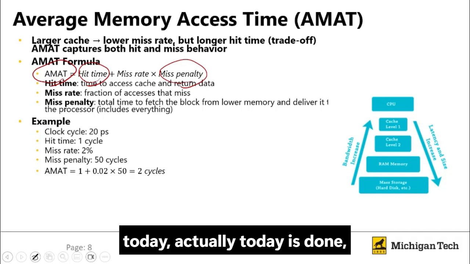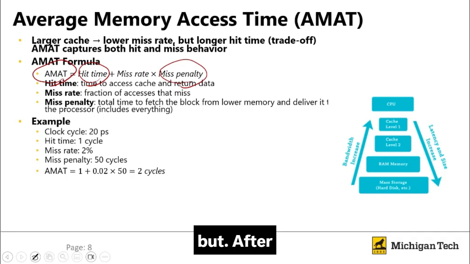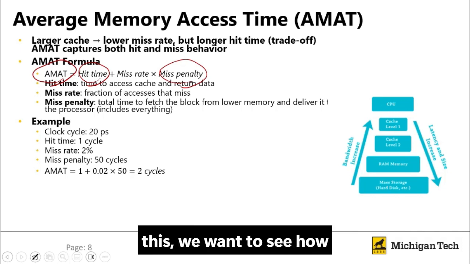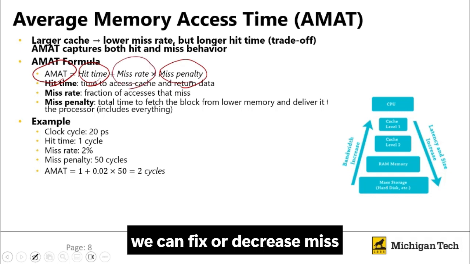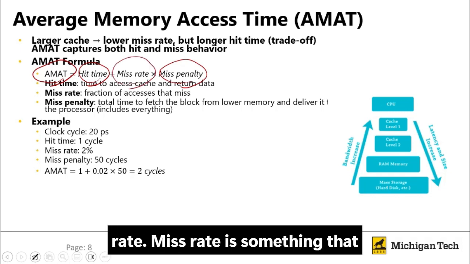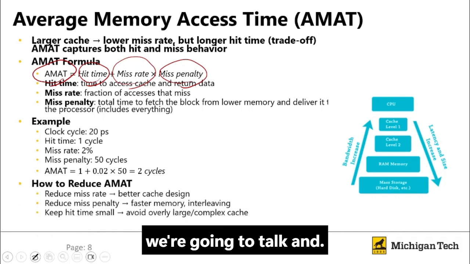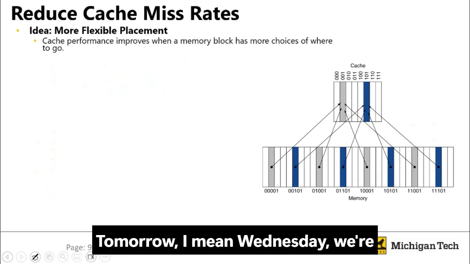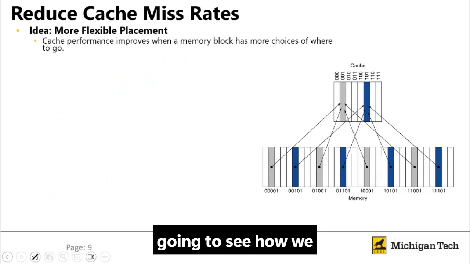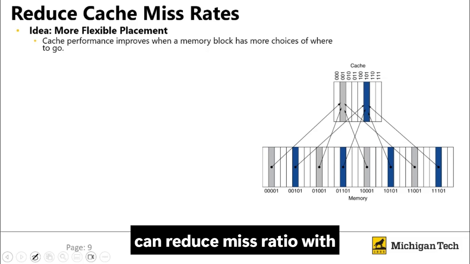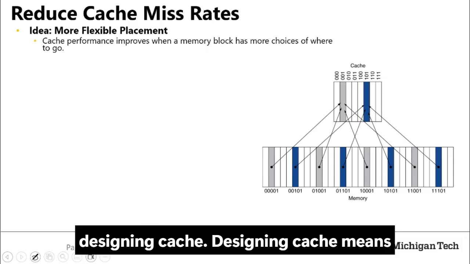But today, actually today is done, but after this, we want to see how we can decrease the miss rate. Miss rate is something that we're going to talk about. And tomorrow, Wednesday, we're going to see how we can reduce the miss ratio by designing the cache.